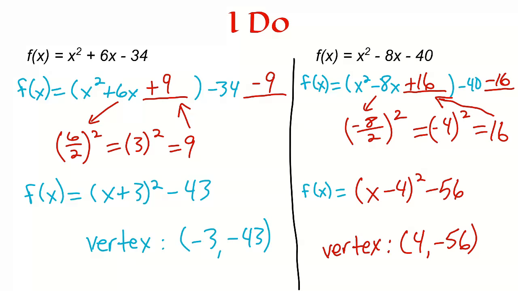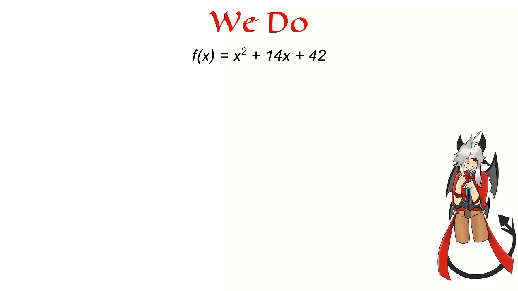If there are no questions, I'm going to go on and we're going to do one together. So I'm going to ask you all to tell me what to do. Can anyone just start off telling me where do we start here? First steps. Great.